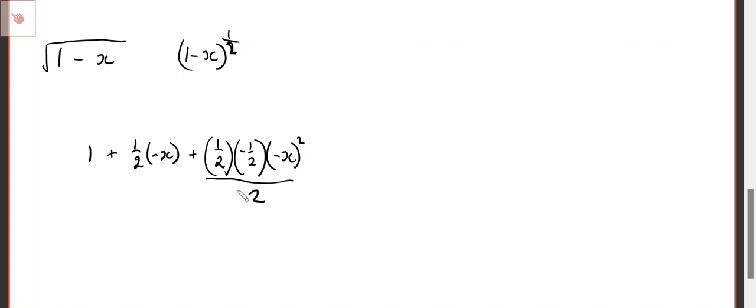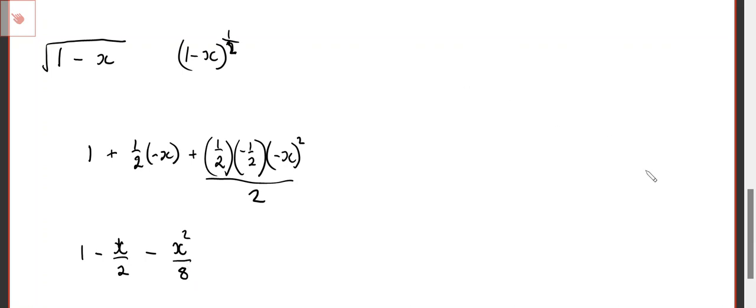Okay, which becomes 1 plus, so no, 1 minus x over 2 minus x squared over 8.